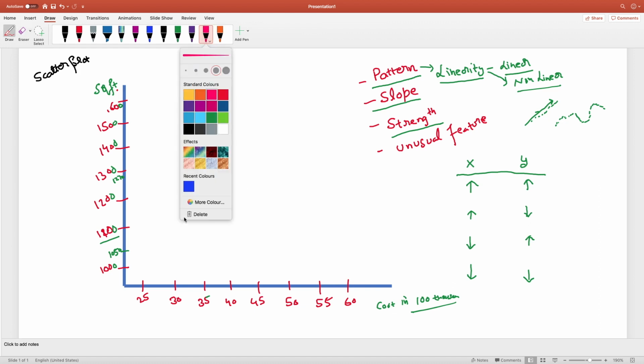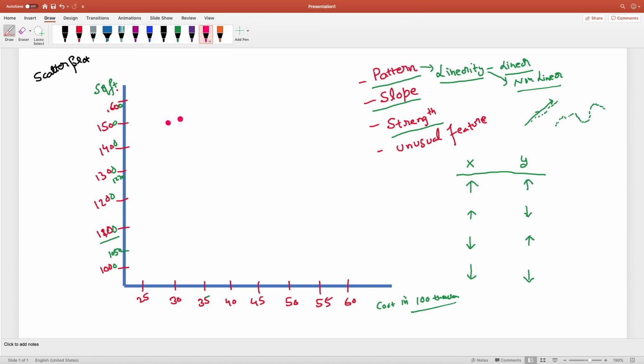This is the positive pattern which I showed you just now, right? The negative pattern will be something like this. This is where my slope will be negative, which means that x is increasing and y is decreasing, right? Now do we have any other slope which is possible? Yes.